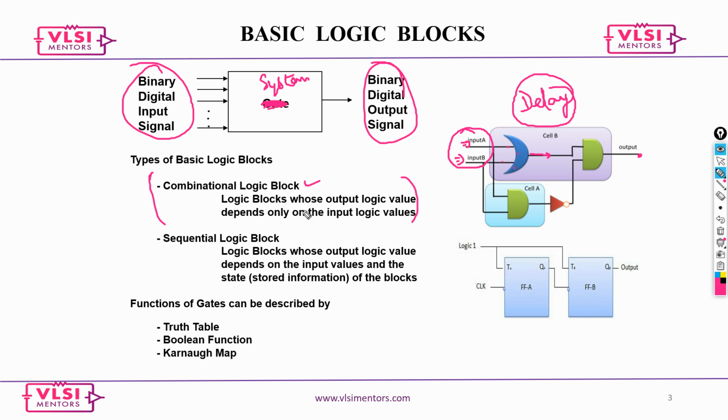So what does that mean? Logic blocks whose output logic value depends only on the input. Now there is a second type, type two, which you can call sequential logic, which depends on your present input and the information that is stored, the past output and things like that.